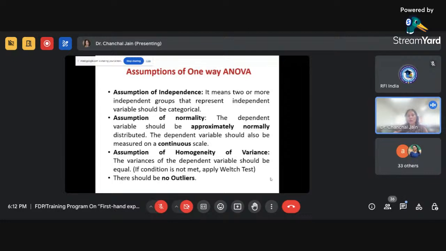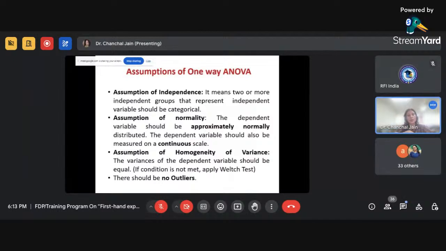But here, when we talk about homogeneity of variance, we are looking at the dependent variable according to the categories of the independent variable. That means in all the categories of the independent variable, the dependent variable variance should be the same, right?